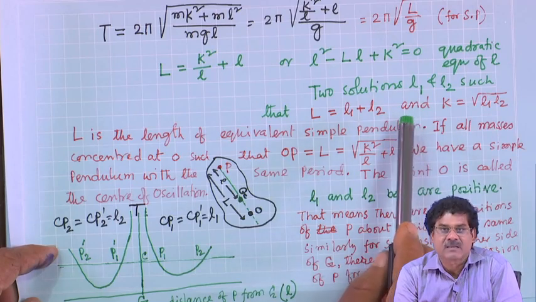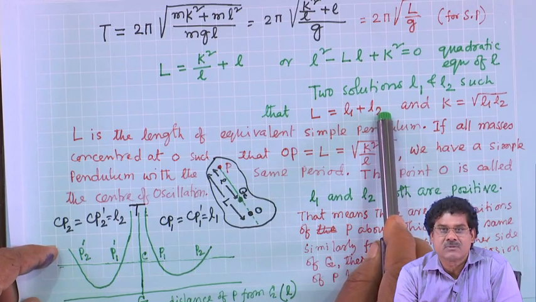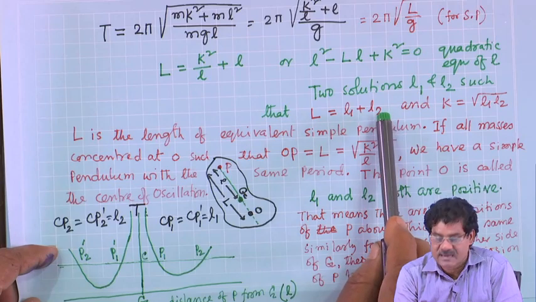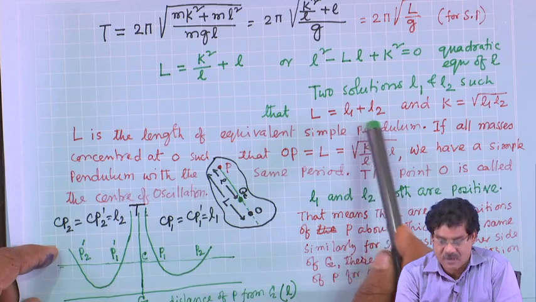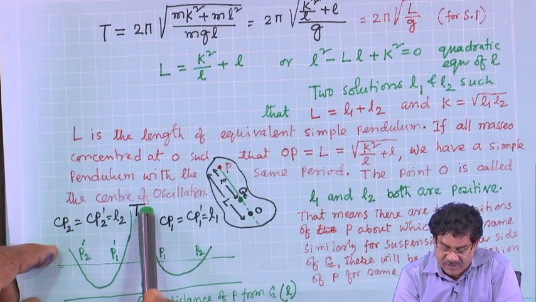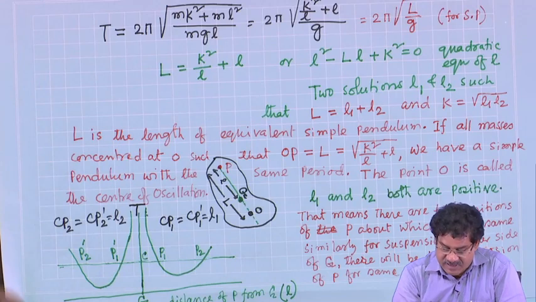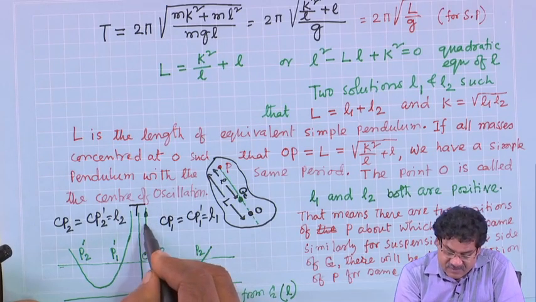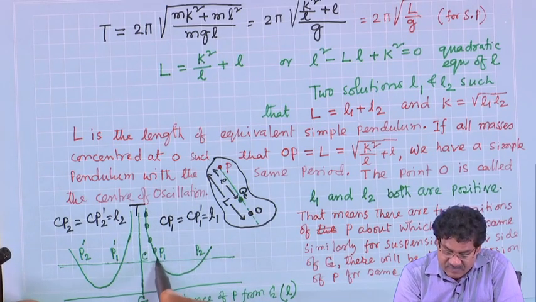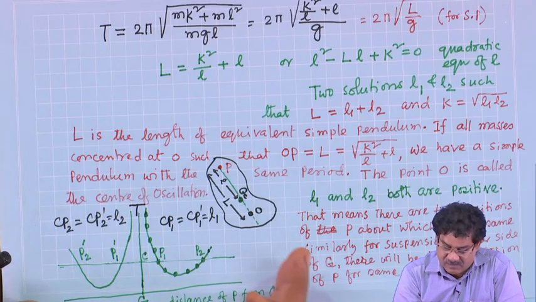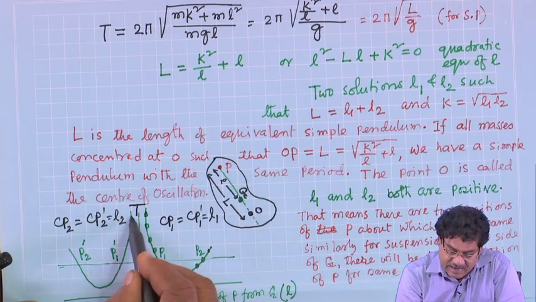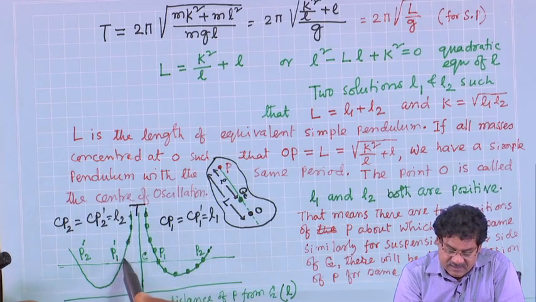So, our experimental task is to measure the time period T for each distance of the point of suspension on one side of the center of gravity as well as on the other side of the center of gravity, right.